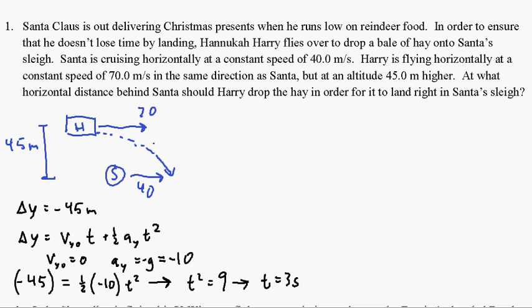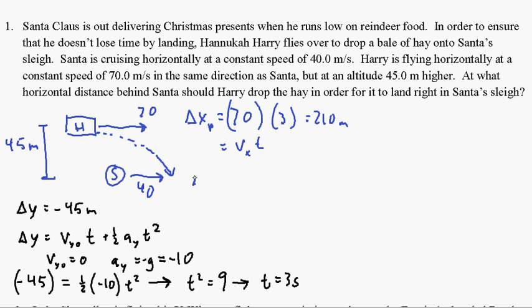Now this is where you get three different methods to solve the problem. One is to say, in 3 seconds, the package is going to fall 45 meters. Horizontally, delta x for the package, or the hay, is the package's horizontal velocity, 70 meters per second, times 3 seconds. This is just v_x times t, and that's 210 meters.